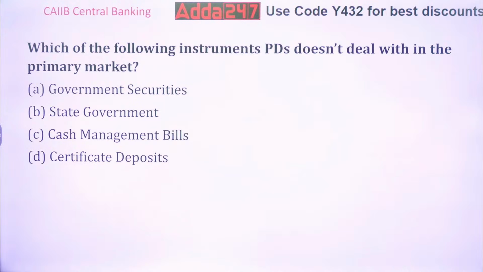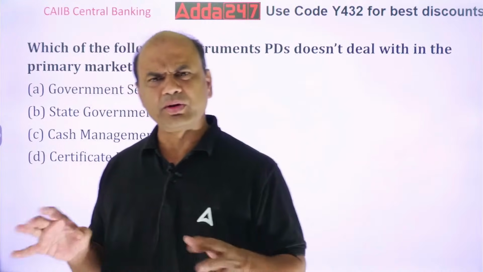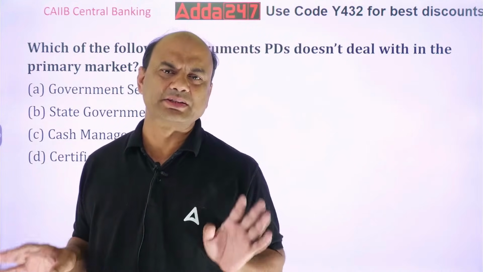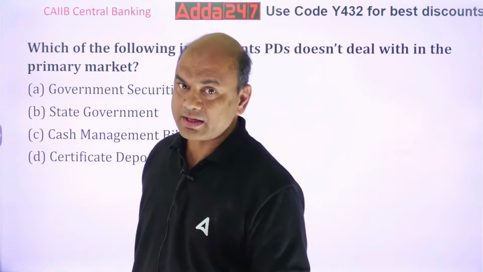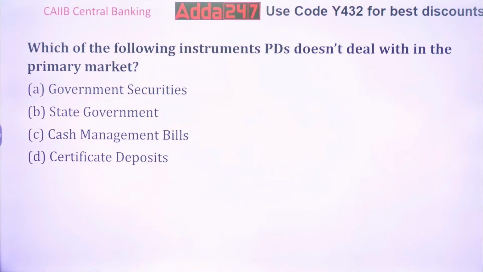A primary dealer is an institution that has been approved to trade in government securities directly. It has been approved by the RBI to deal directly in the securities relating to the national government, acting as an intermediary.